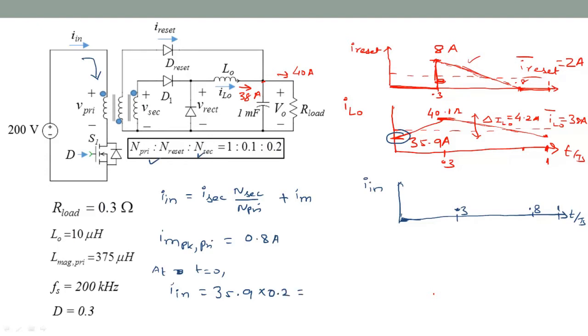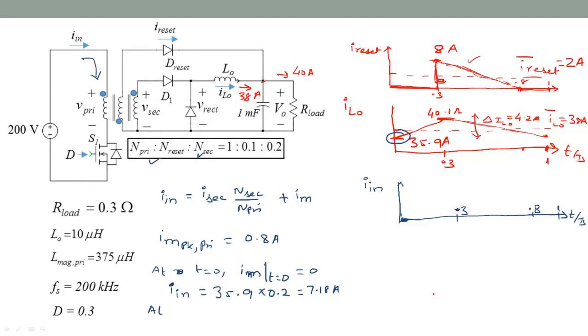Okay, so that value is 7.18 amps. And notice that the IM at t equals 0 is 0. That is why there is nothing added to this I secondary prime.